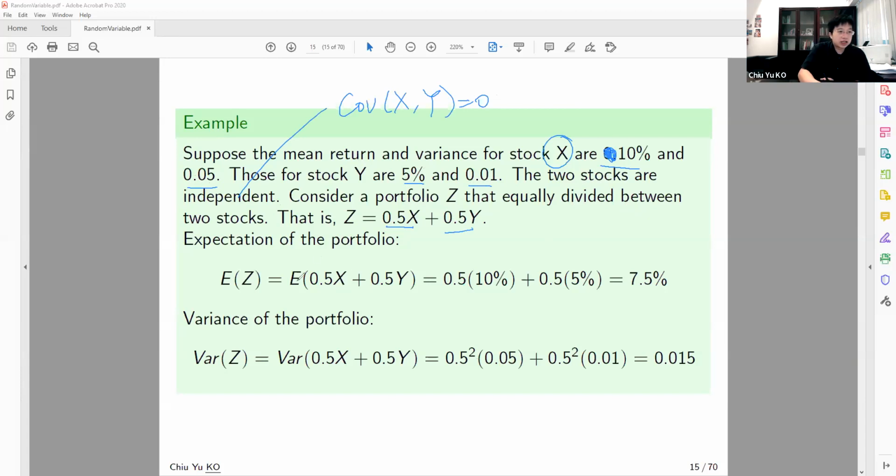And so what is the expectation of the portfolio? In that case, it's the expectation of 0.5X plus 0.5Y.